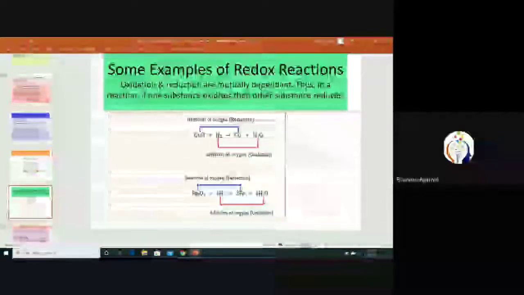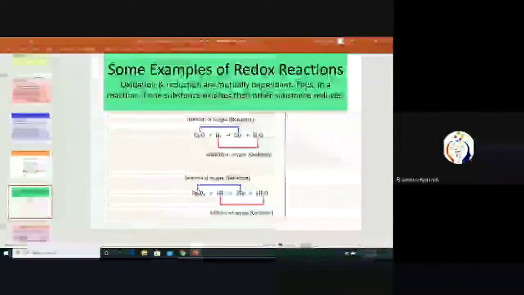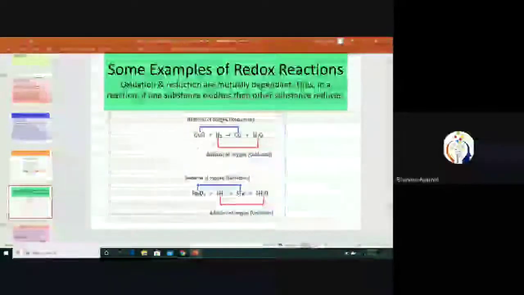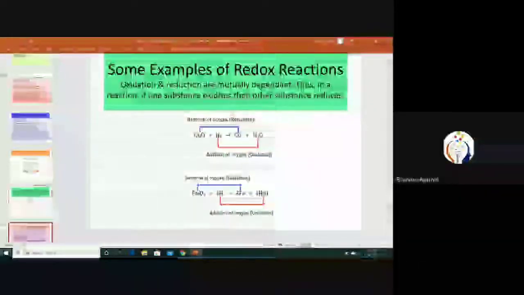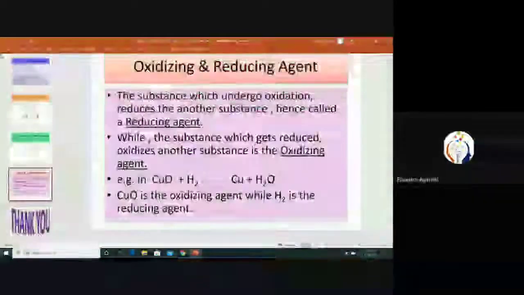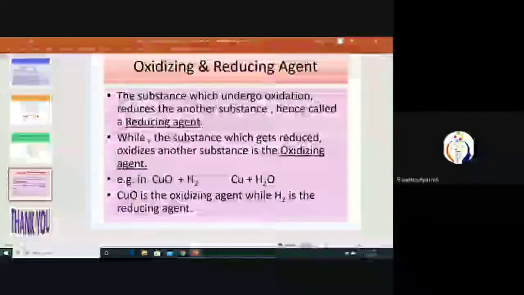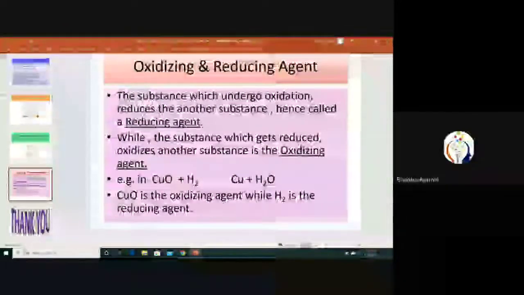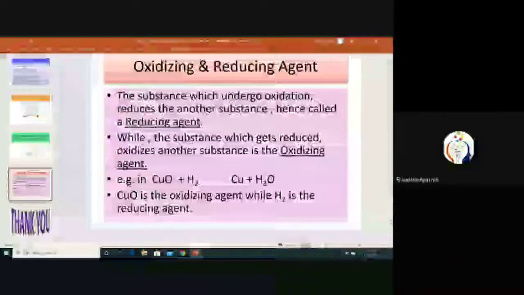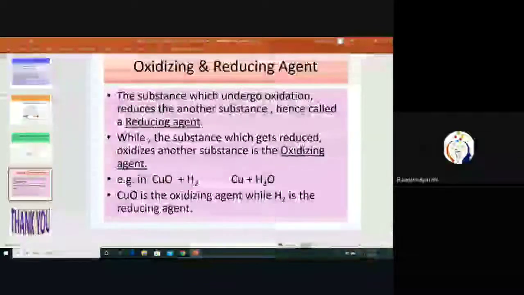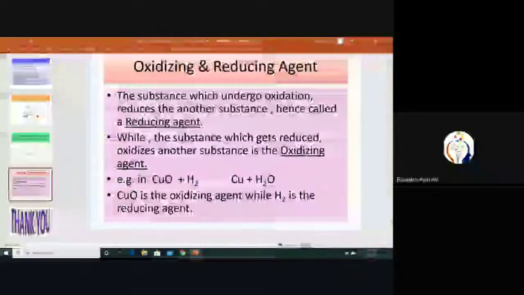Now when these reactants are giving out the oxygen or accepting the oxygen, that means they are behaving as an oxidizing agent or a reducing agent. So the substance which undergoes oxidation reduces another substance, and thus it is known as a reducing agent, while the substance which gets reduced or oxidizes another substance is known as the oxidizing agent.